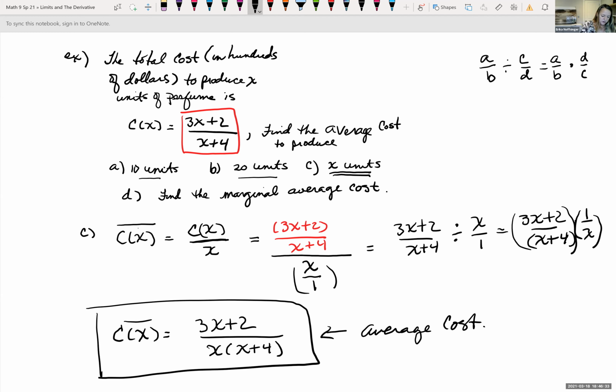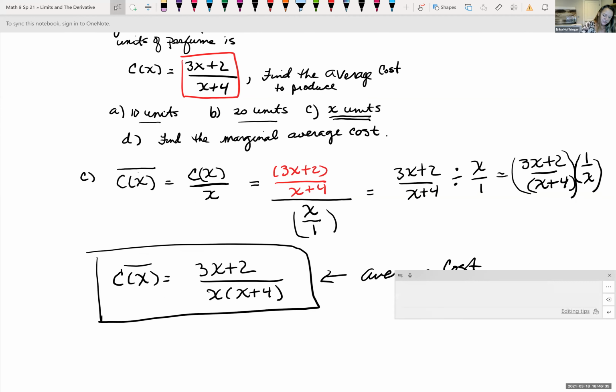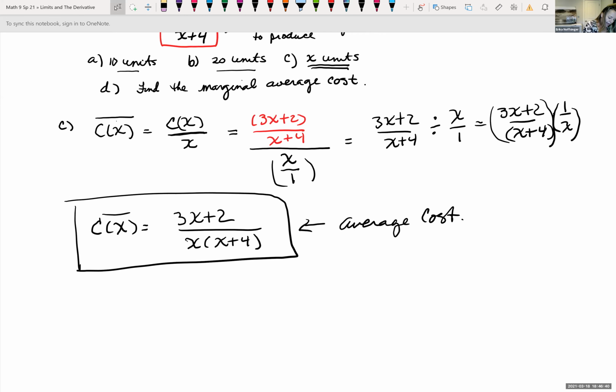So now, if we want to find the average cost to make 10 units, so part A, we would look at C bar of 10. So we're going to go in here, and wherever we see an X, we're going to replace it with 10. So this is equal to 3 times 10 plus 2 all over 10 all times the quantity 10 plus 4.